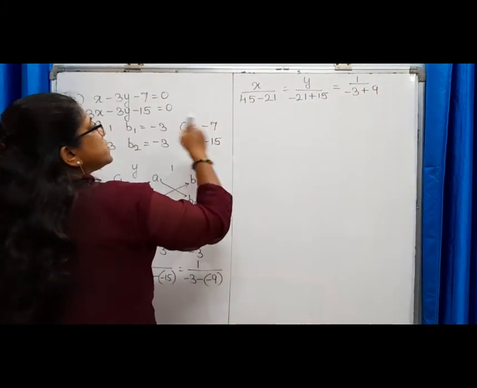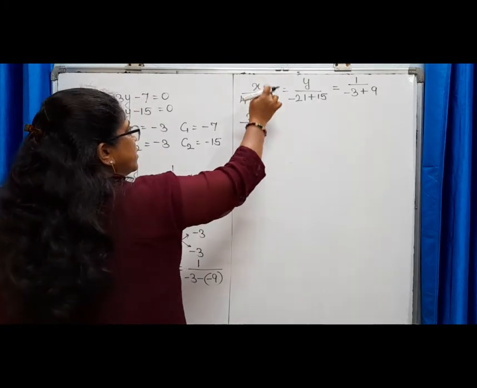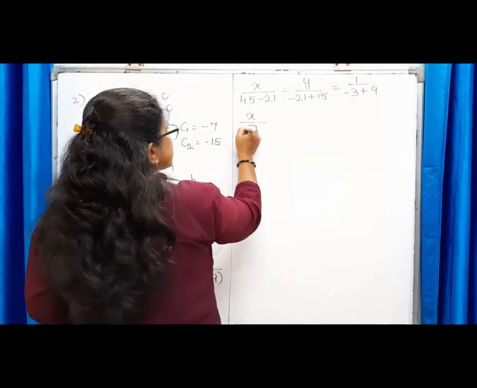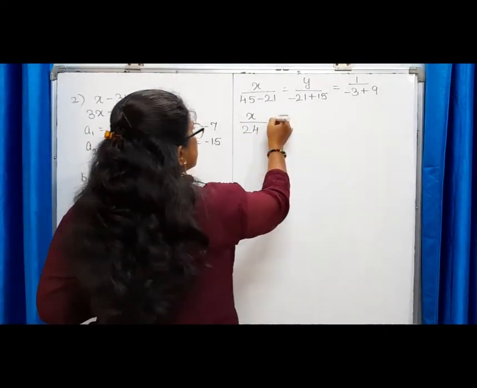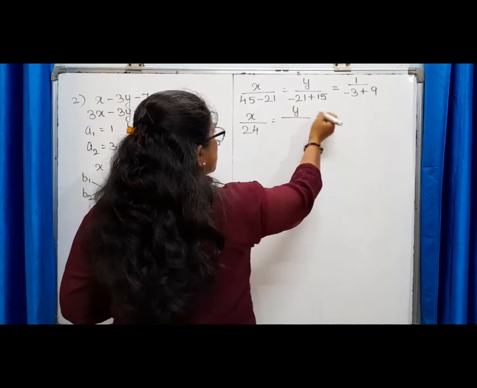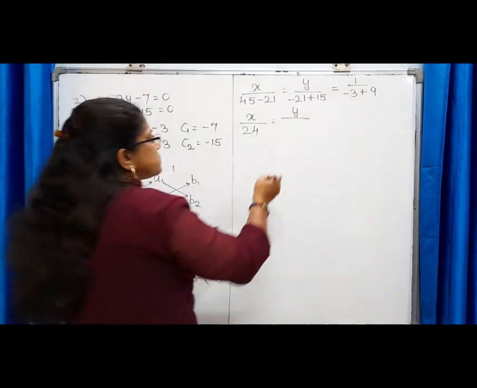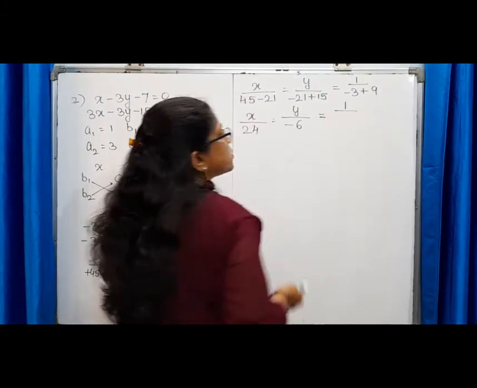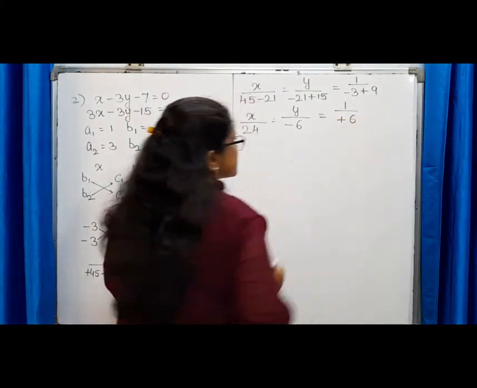Let's see what values we get here exactly. Here we get x upon 45 minus 21, 24. X upon 24 is equal to y upon minus 21 plus 15. Minus 21 plus 15 is minus 6. And here 1 upon minus 3 plus 9 is plus 6.